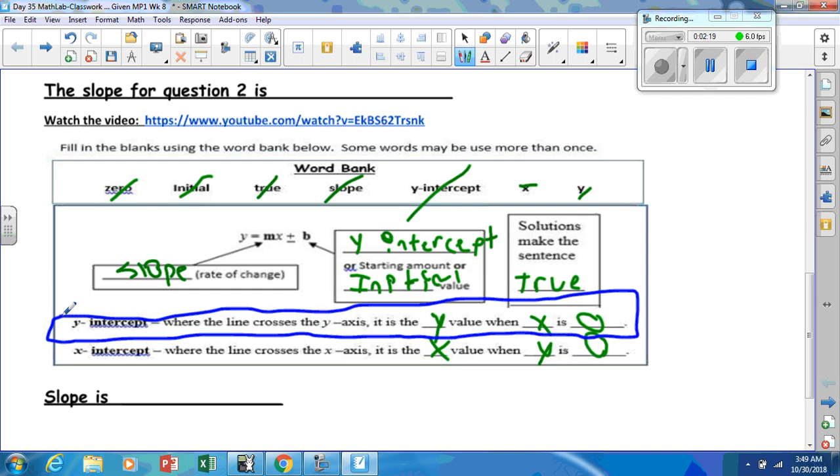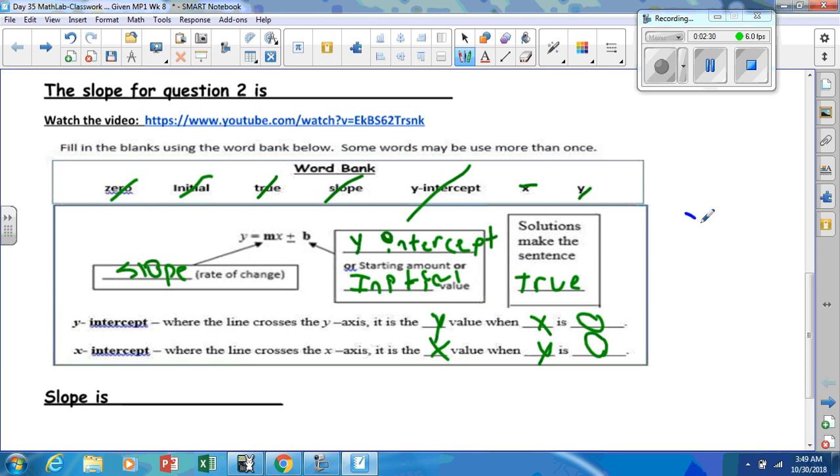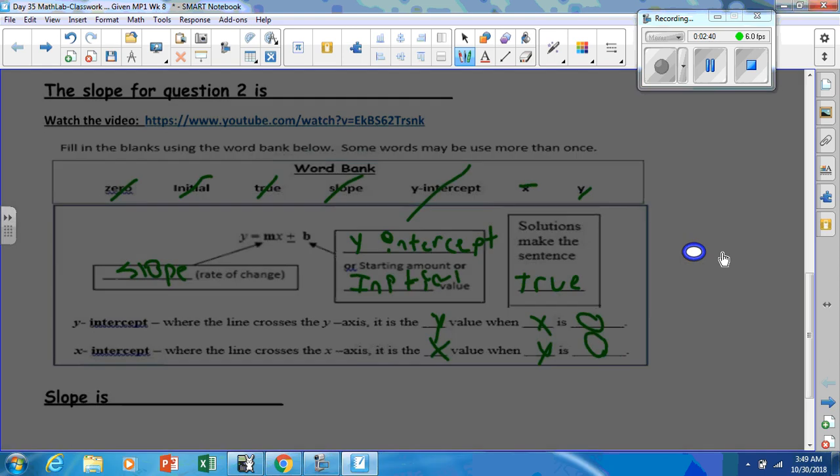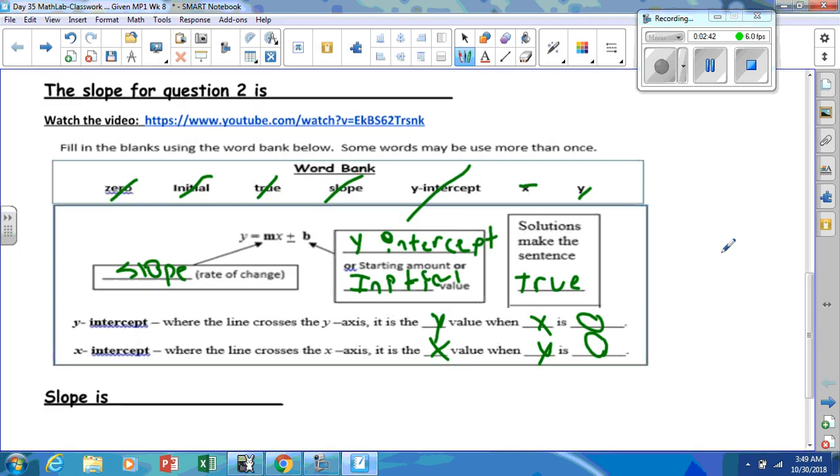Obviously, the x-intercept is just the opposite. When we're thinking about the x-intercept, guys, typically I'm asking, where are the points as they cross the x-axis? All right. So those are some vocabulary terms that we need to remember.